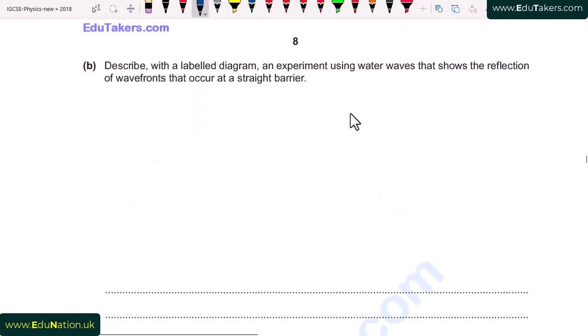Part B. Describe with a labeled diagram an experiment using water waves that shows the reflection of wavefronts that occur at a straight barrier. Main components, that is the barrier.